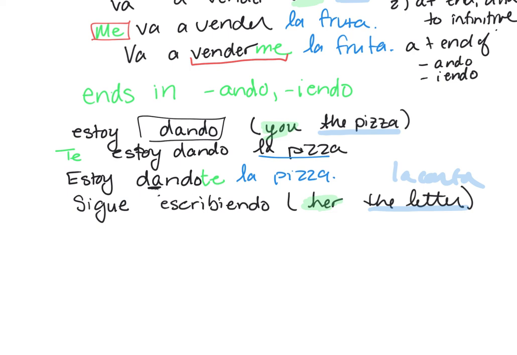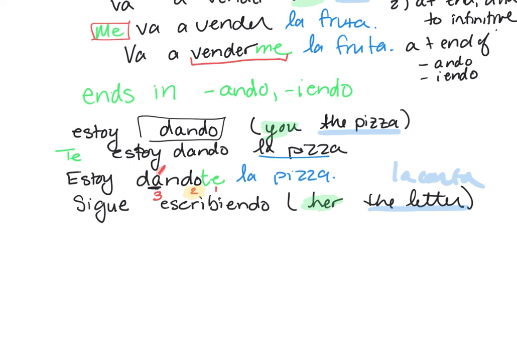It's on the third to last. So if we count off syllables, we have 1, 2, 3, ends in an E. The stress should be on 2, but it isn't. It's way back on ando, so we need to add an accent when we do that. Estoy dándote la pizza. Okay?